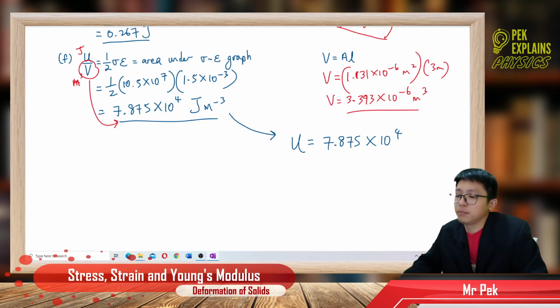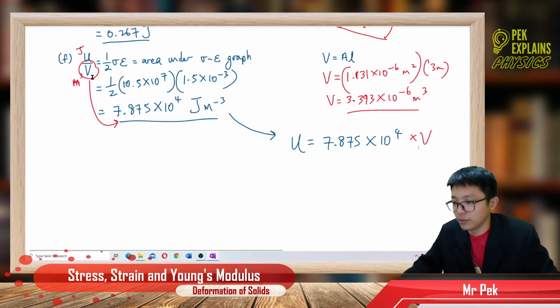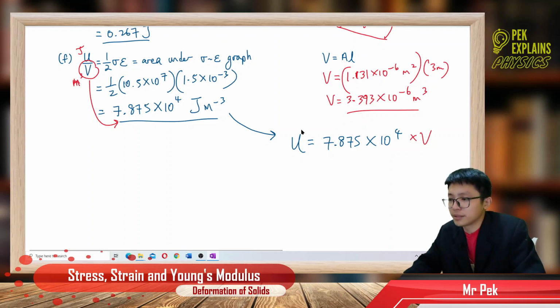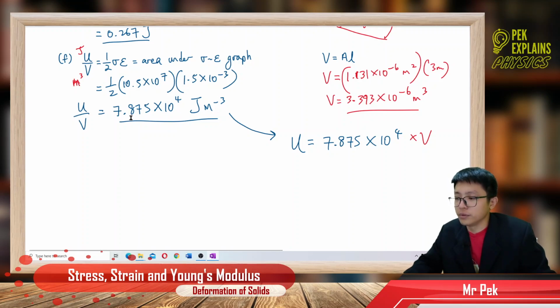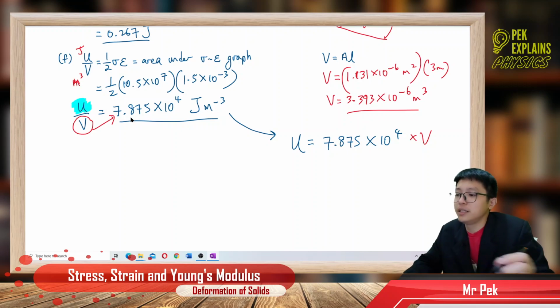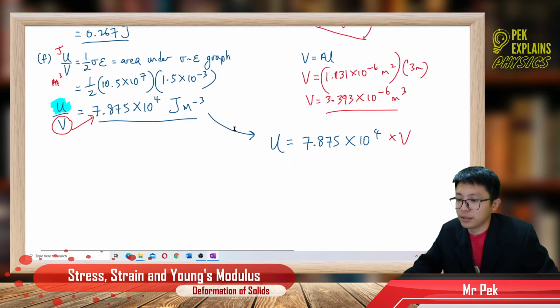You multiply by V, cross multiply to the top, because this whole thing is strain energy per unit volume. So what you have to do to find the strain energy is just multiply the volume to the top. Then you can find the strain energy.